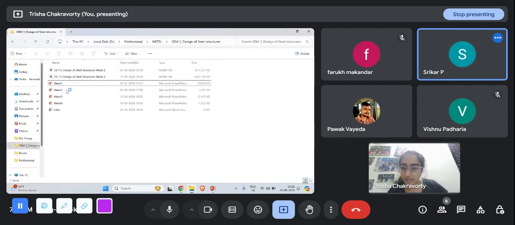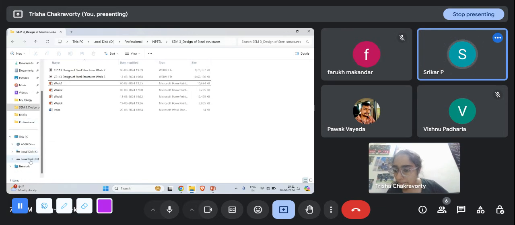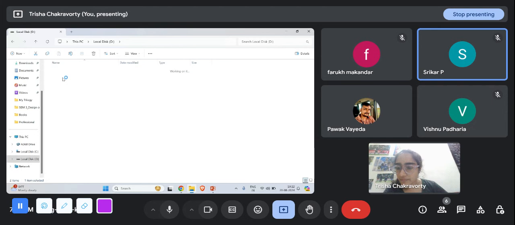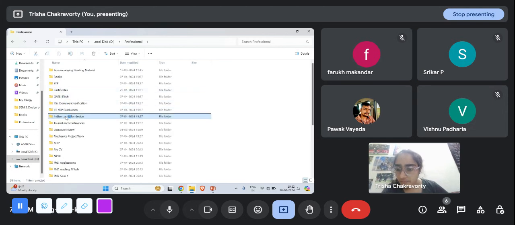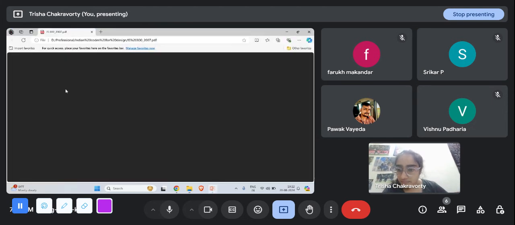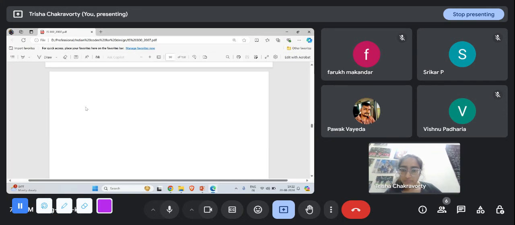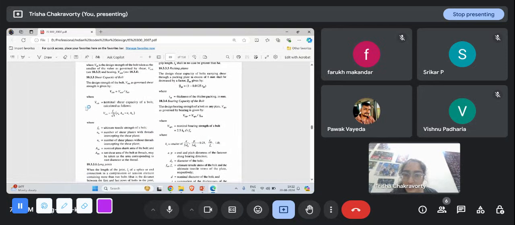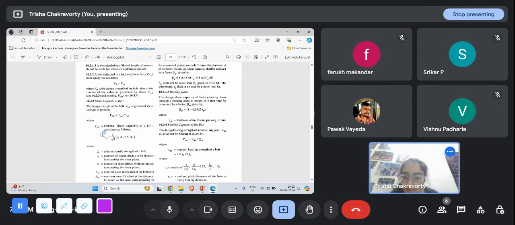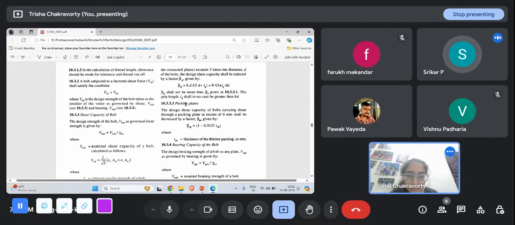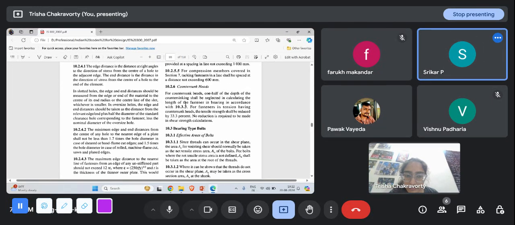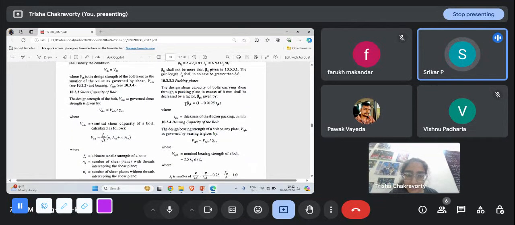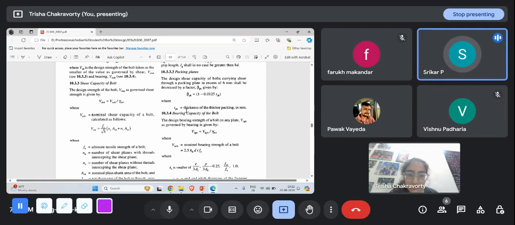Okay, one second, I'll open the code. This is in shear capacity, right? Yes, ma'am, that is shear capacity. And bearing looks like kb into something, and kb is like 4.